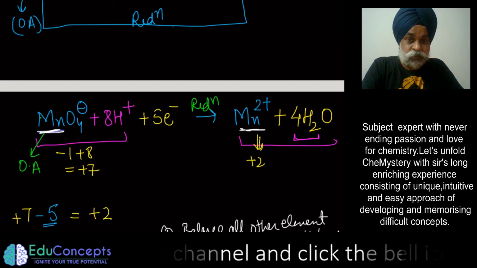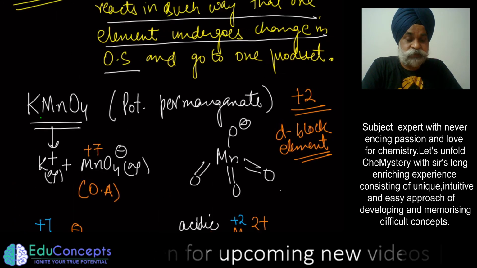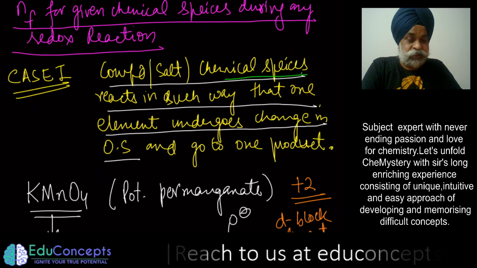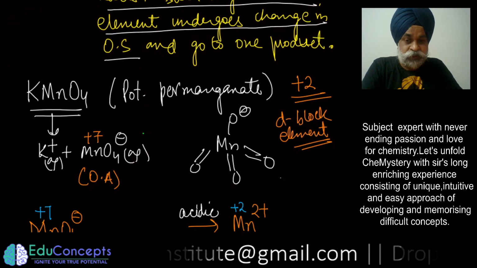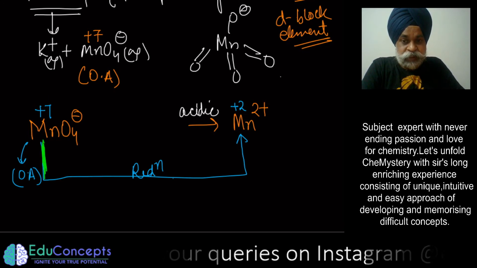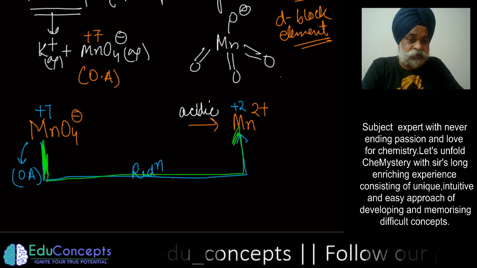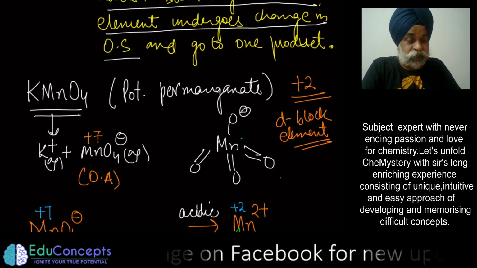Now the question is, what I just wanted to define here is the first case for which I am going to find the N factor. So the chemical species here is permanganate ion, which reacted in such a way that one element, this manganese, underwent change in oxidation state and goes to one product. Which product? Mn2 positive.